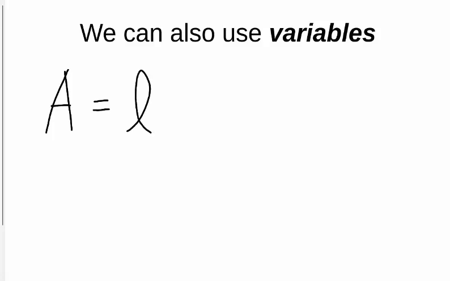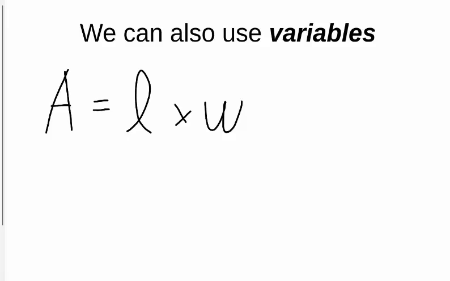So I'll write it like that, L times W. So we could say A equals L times W. There we have a formula for area. And we've used three variables, A, L, and W. We know that they mean area equals length times width, but we've shortened this a lot.